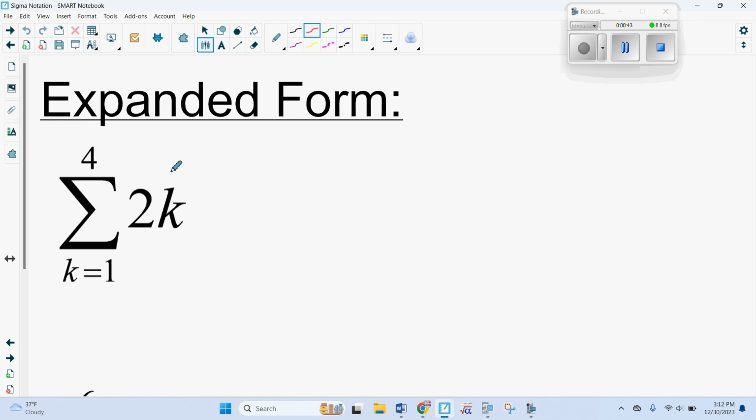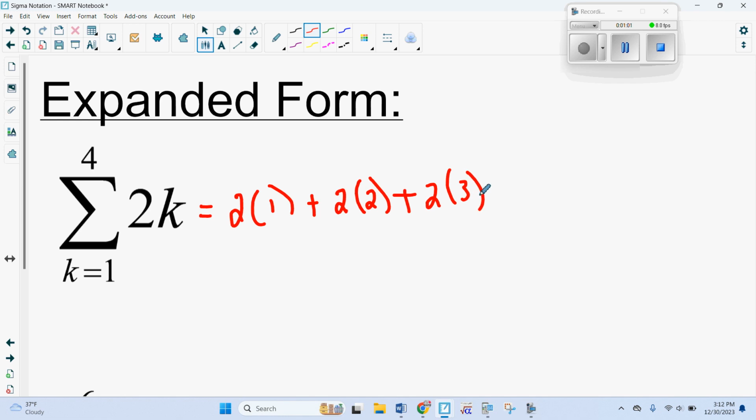So if we want to expand this, you remember we can expand this by starting at the bottom number, plugging 1 in for k. So this would be 2 times 1, plus, and then we just count up. We put a 2 in for k, we put a 3 in for k, and we put a 4 in for k.